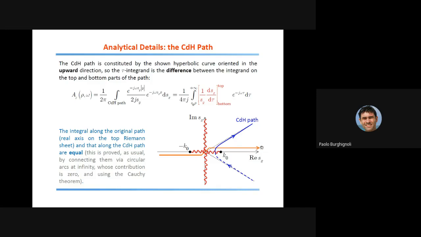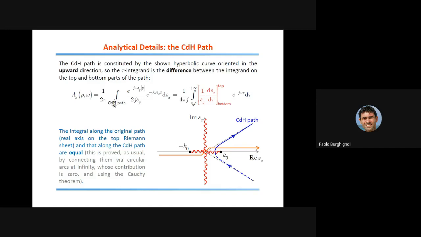As usual, the equivalence can be shown by joining those two paths through semicircular arcs, then letting the radius of the arc go to infinity, and then proving that the contribution of those arcs tends to 0 when the radius tends to infinity. So it's quite standard to show that the integral along the original orange path is equal to the integral along the Cagniard-de Hoop path.